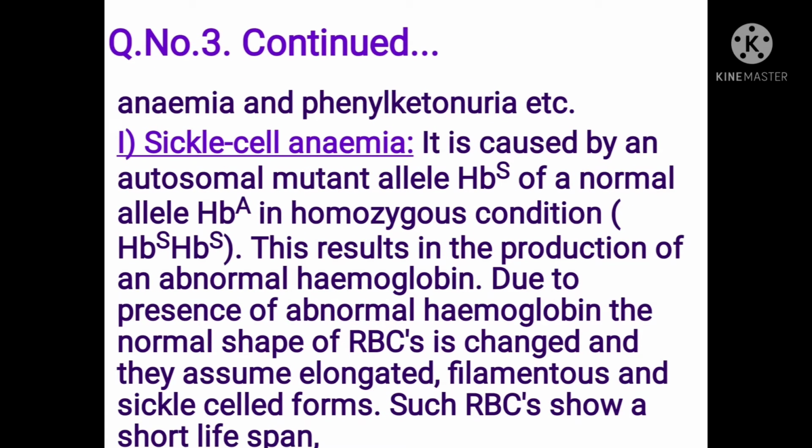Sickle cell anemia. It is caused by an autosomal mutant allele HbS of a normal allele HbA in homozygous condition. This results in the production of an abnormal hemoglobin.